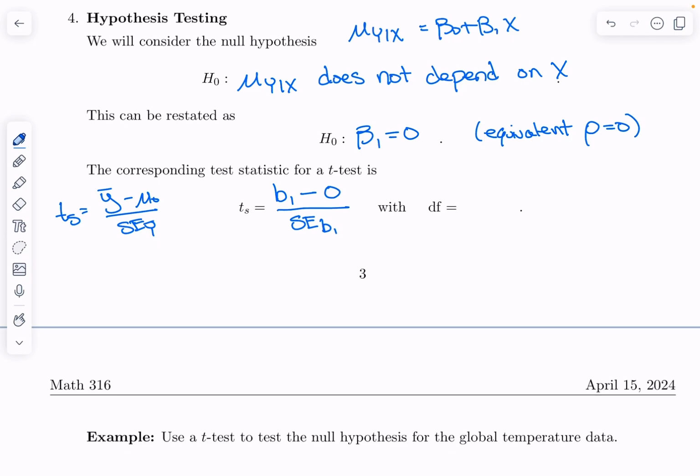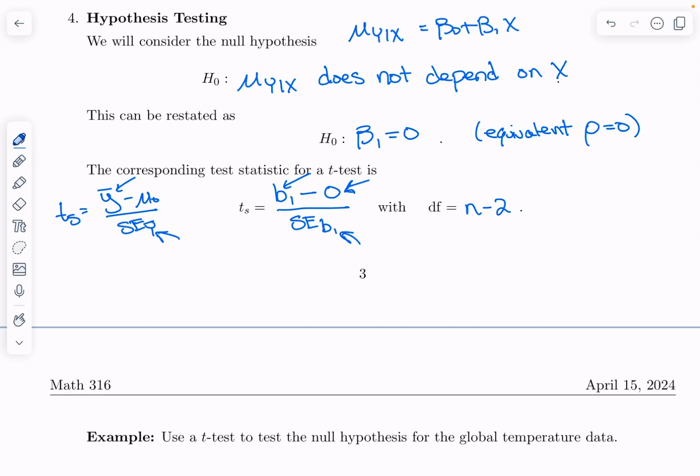Well, here the thing we're going to compare to is going to be 0. What are we comparing? Our estimate of slope, just like we had our estimate of the average of y. And then what do we divide by? Standard error. So this looks the same as our formula before. And then the degrees of freedom is going to be n minus 2.